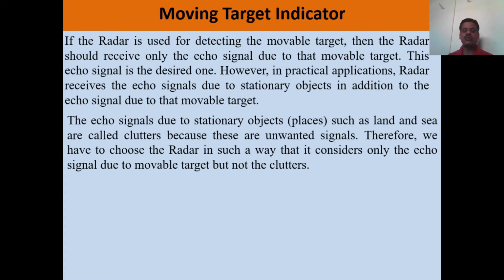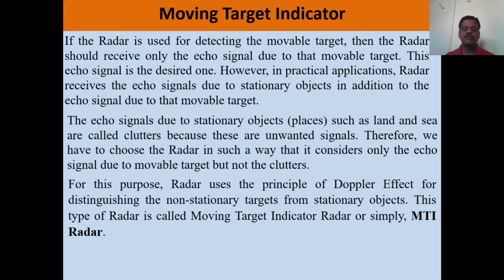Therefore, we have to choose the radar in such a way that it can accept only the signal coming from the movable target and not from the stationary target or object.